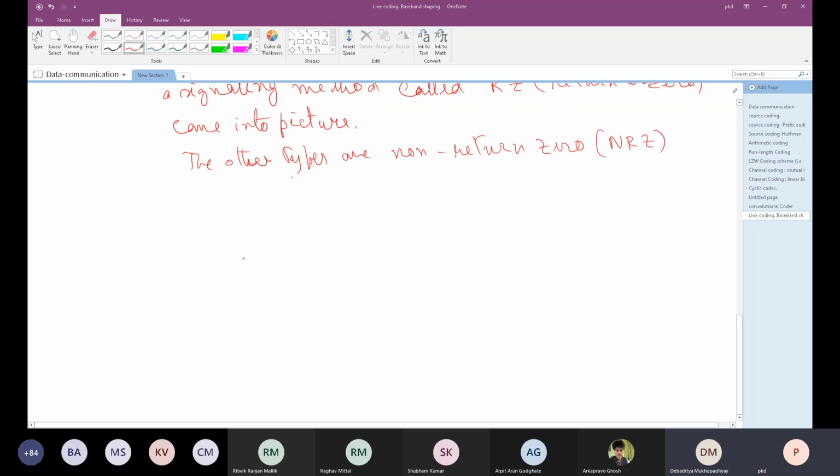So NRZ is simple in managing because it requires, this is NRZ unipolar.